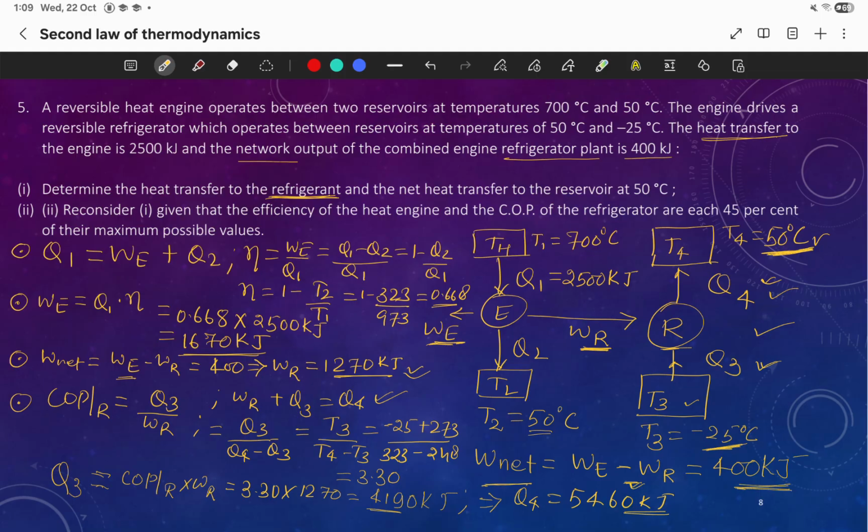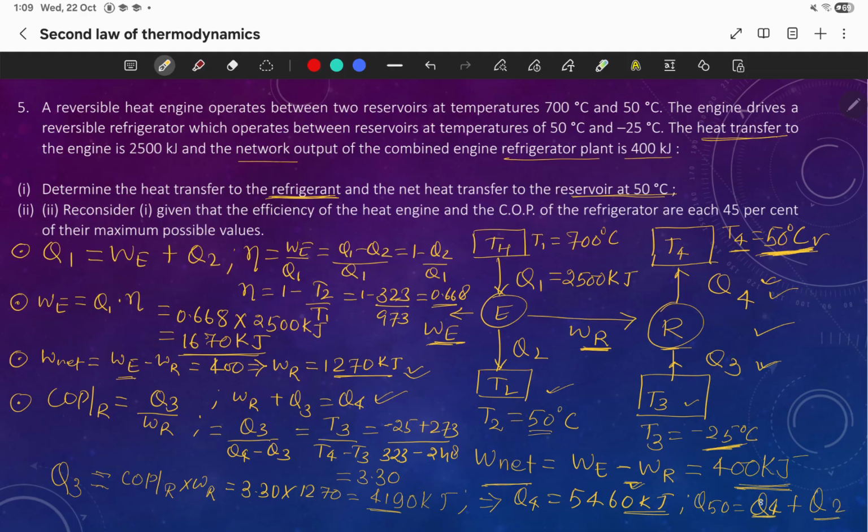Now it is asking, determine the heat transfer to the refrigerator and net heat transfer to the reservoir at 50 degrees Celsius. So at 50 degrees Celsius we have two reservoirs, one is this T4 and one is this at T2. Then total heat required for the 50 degrees Celsius reservoir, Q50, will be Q4 plus Q2.